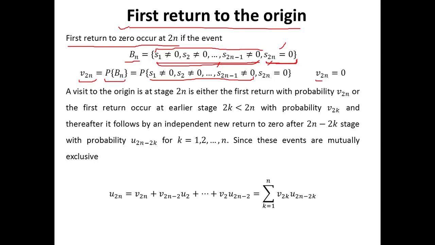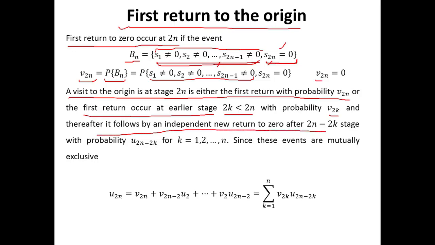Now there are two possibilities in this particular case: a visit to the origin at stage 2n is either the first return with probability v2n, or the first return occurred at an earlier stage 2k, which is less than 2n, with probability v2k, and thereafter it is followed by an independent new return to 0 after 2n minus 2k stages with probability u2n minus 2k.